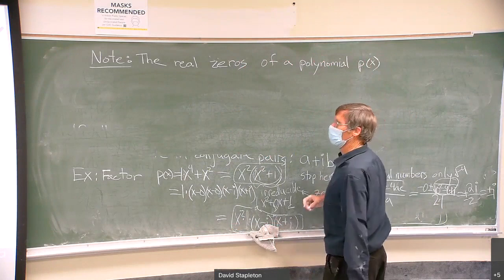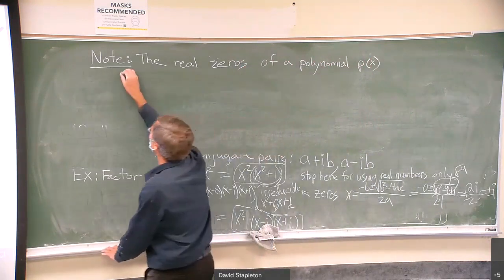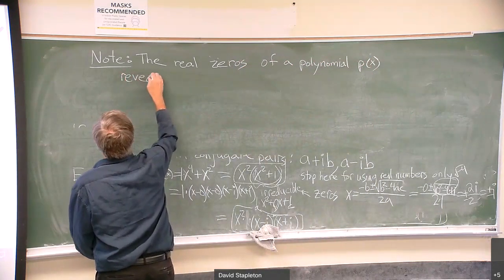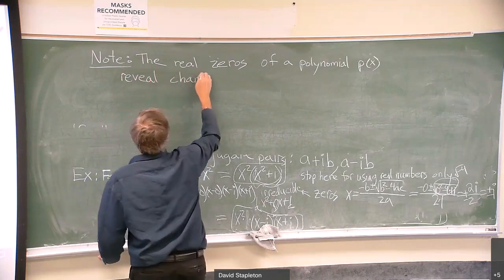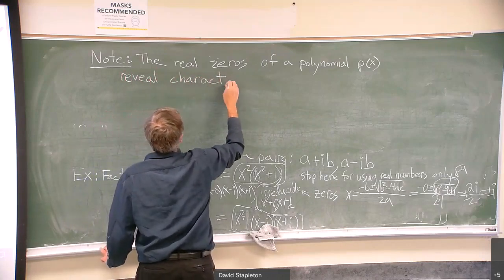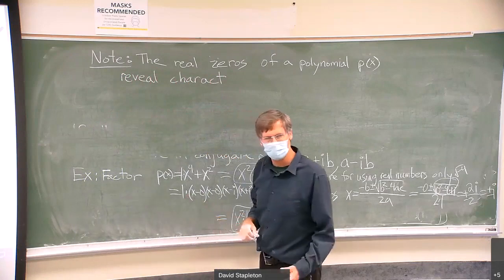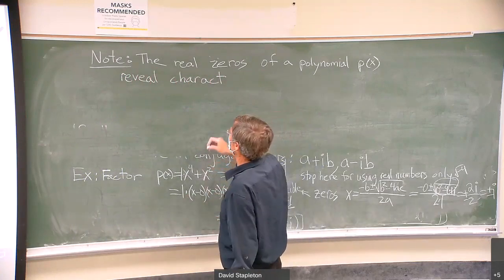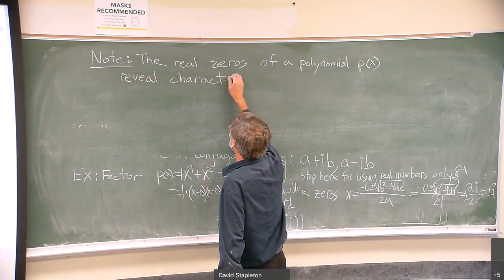A polynomial is just a function of that form. The real zeros tell you something about the graph. These are very important if you go on to take higher mathematics, and they expect you to know these. For instance, in calculus, it really helps you a lot to know this algebra.